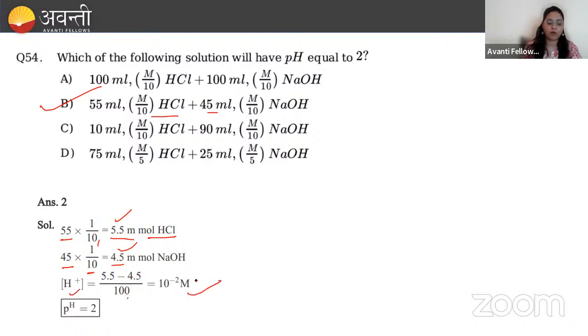So it becomes equal to 10 raised to minus 2. So when you calculate the pH for this H plus ion concentration, negative log of 10 raised to minus 2, you can find out that your answer will be 2. Any doubt in this? Okay, next problem.